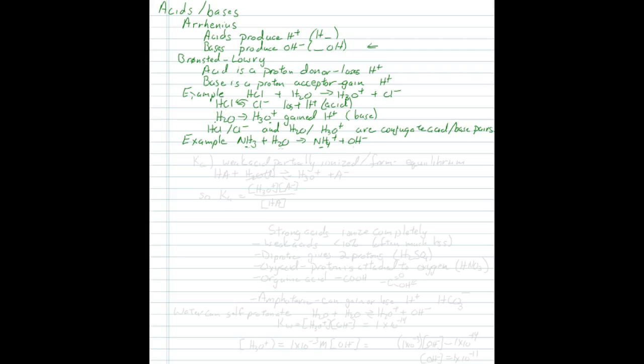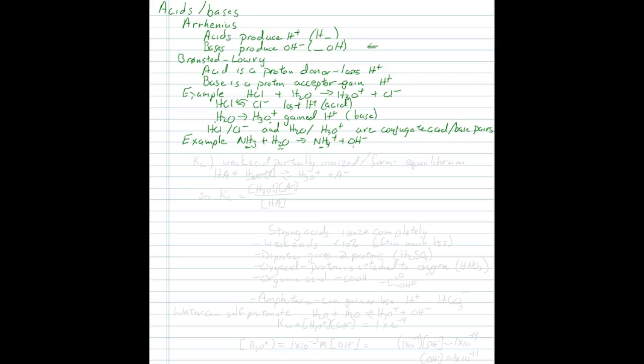So this is a proton acceptor, which means this is the base. This is the conjugate acid, because if you go the reverse, it's that way. The H2O in this case gives off the H plus and turns into OH minus, so it is the proton donor. So this is the acid in this case.